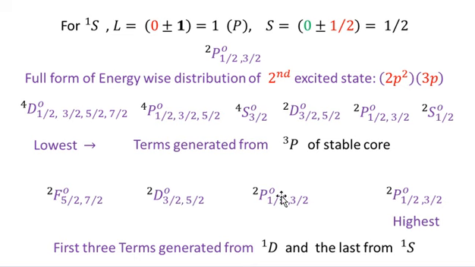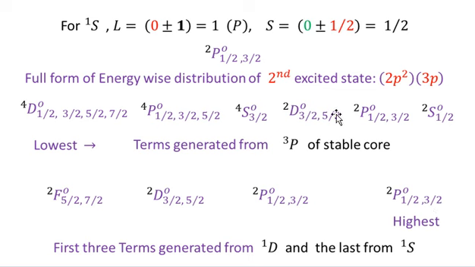Because these are doublet terms, the value of L is greatest for the F term, then for the D term, then for the P term, and then for the S term. I am left only with this 2P term, which is the doublet term, so this will be followed at the end, which is 2P 1/2 and 3/2.